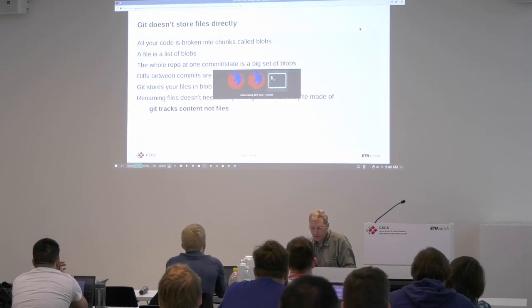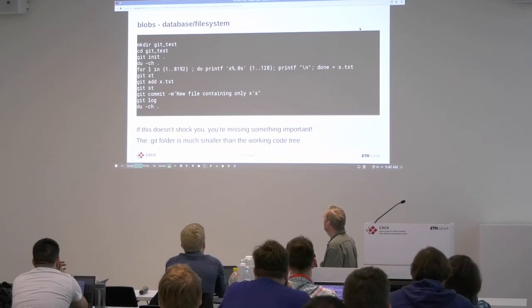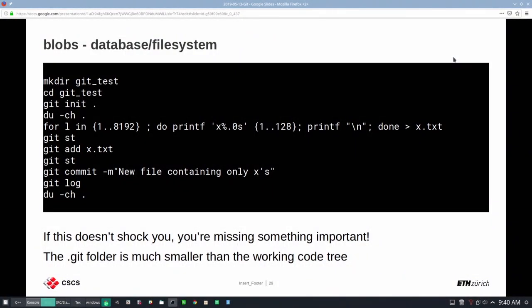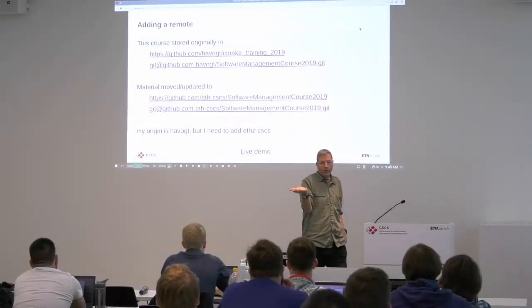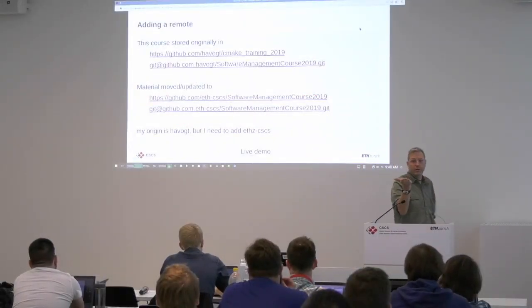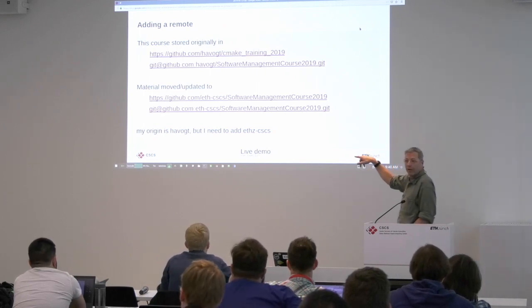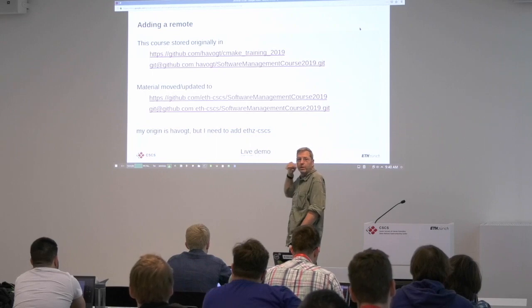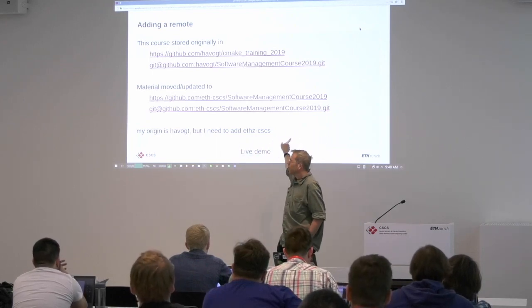And there's a nice little demo you can do. For the course, we would like you to clone the updated version of this onto your local disk, because for the CMake part of the course, Hannes is going to want to give you some examples. So if you can do that now, and if anybody needs help cloning this, just ask.